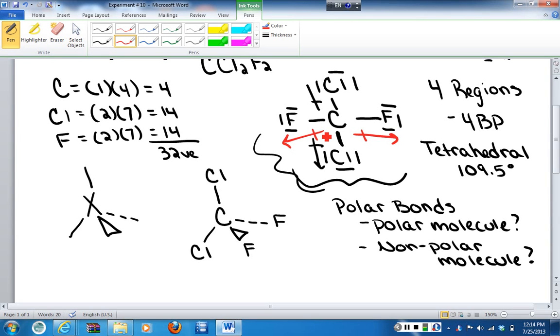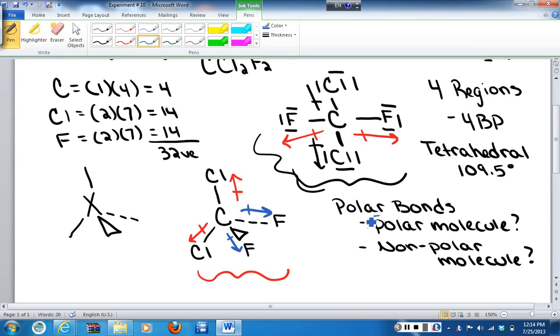But remember, you always have to consider the 3 dimensions. So if we look at the 3D molecule, what you can see is that these 2 will be the same in terms of dipole moments, and these 2 will be the same, but given the 3D structure, you know that they do not cancel themselves out.